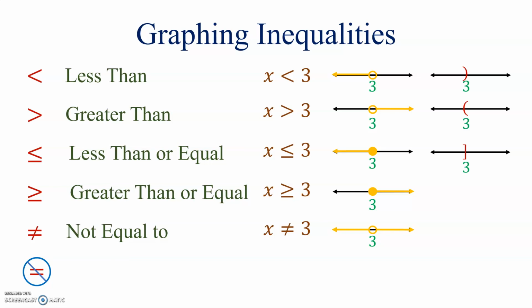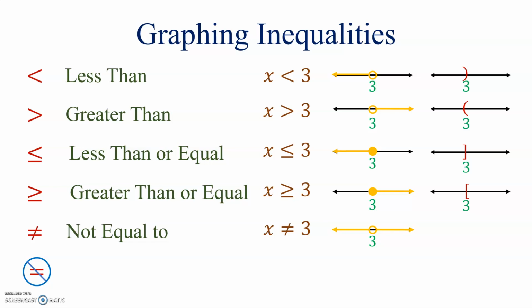And just like the parentheses, they can be drawn in a particular direction. The direction we draw the bracket is the same direction we would have shaded. So, x is greater than or equal to 3. Again, because it's a closed circle, we're going to use the bracket. Because we're shading toward the right, all the numbers greater than 3, we're drawing our bracket in that direction.